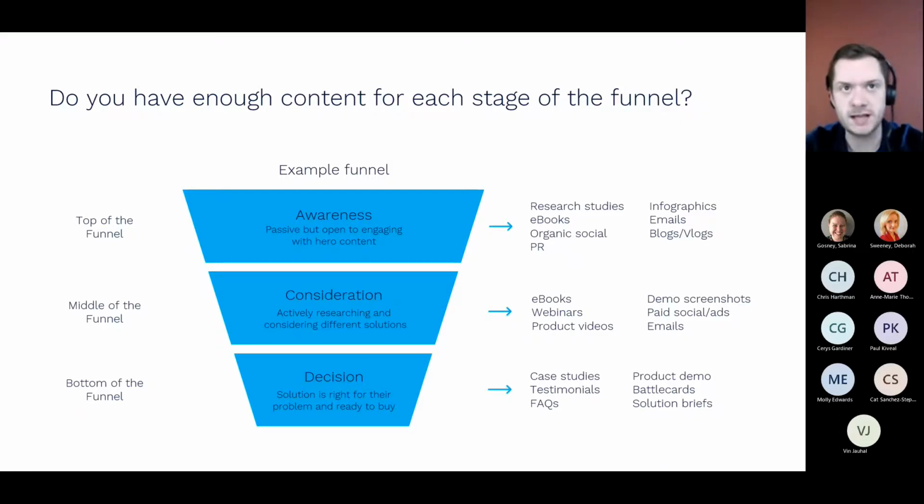Then we go slightly further down into the consideration stage, which is where people are actively researching or considering different solutions. So again, a lot of the same content types, because there are content types that will hit multiple things depending on what the title is, but we could have ebooks around how Microsoft 365 Business is driving productivity and collaboration, or how it's at the forefront of cybersecurity in 2022.